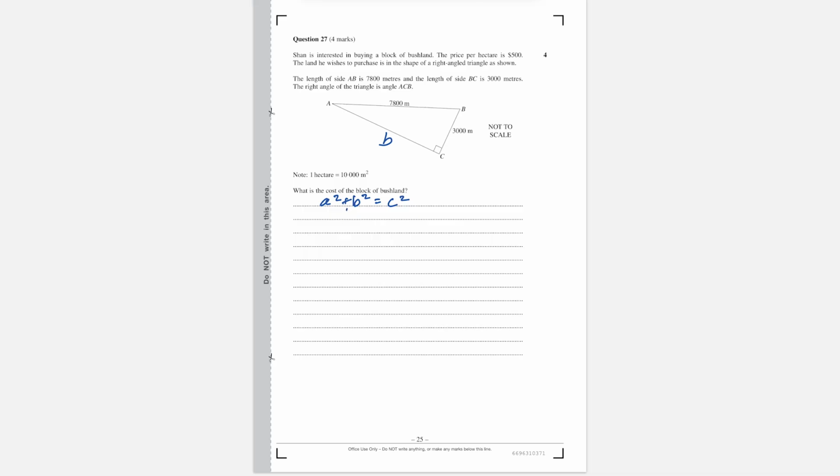And we're just going to rearrange this. b is equal to the square root of c squared minus a squared. So b is equal to 7,800 squared take away 3,000 squared.